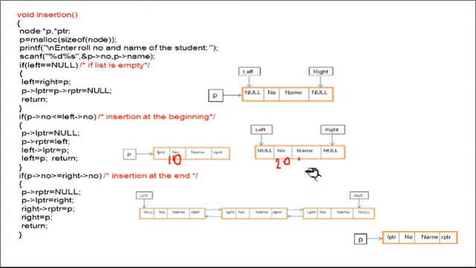So the already existing node contains roll number 20 and our new node contains roll number 10, because 10 comes before 20. That's why we have to insert this new node before 20.